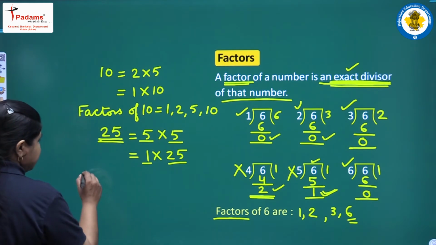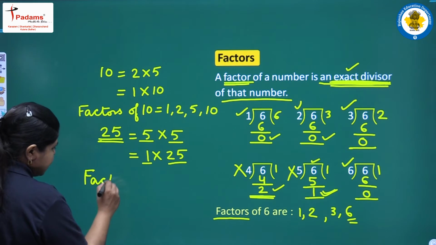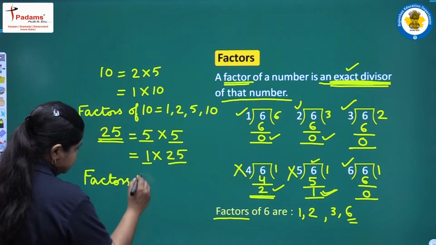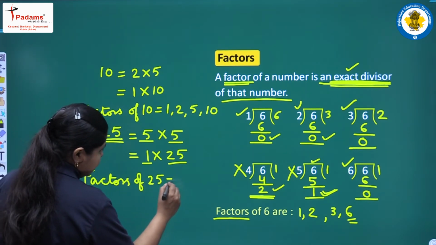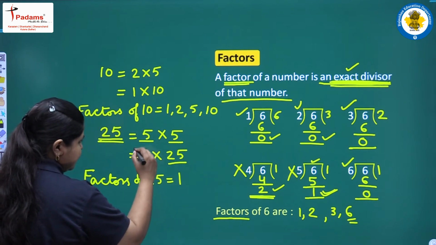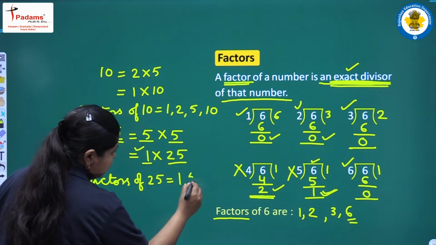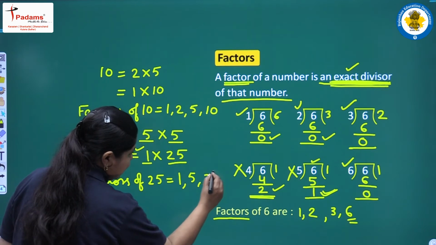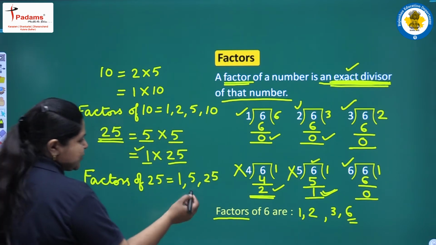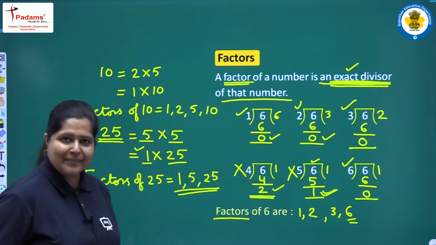So we can say that factors of 25 are 1, then 5 and then 25. No need to write this 5 two times, it is okay if I write it once.